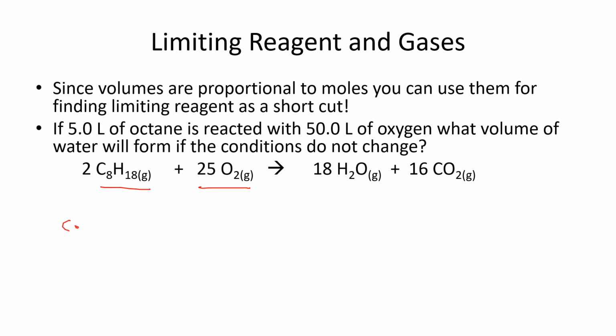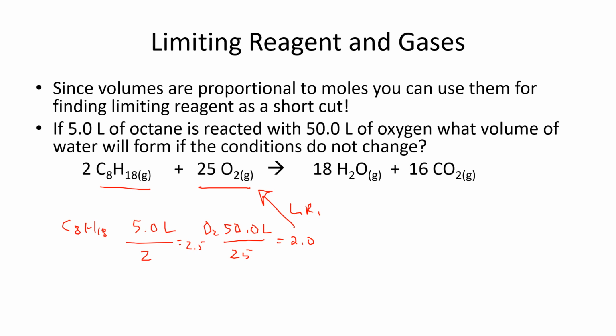So for C8H18, it's 5 liters of vaporized octane, and we've got 50 liters of the oxygen gas. And so if we divide this by 2 and divide this by 25, 5 divided by 2 is 2.5, 50 divided by 25 equals 2.0, and that means that the limiting reagent here is the oxygen. So that one is your limiting reagent.